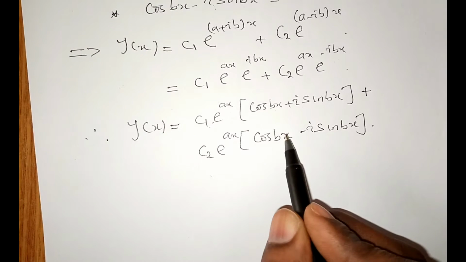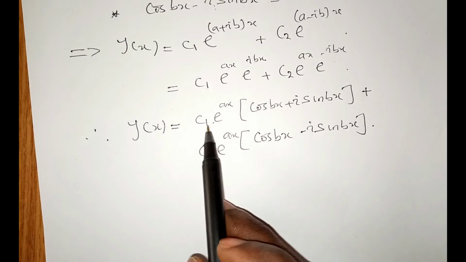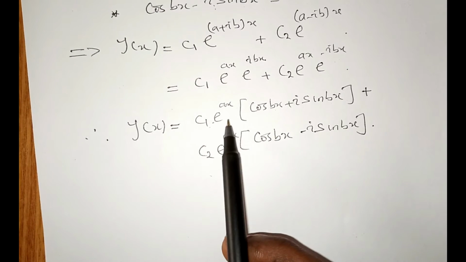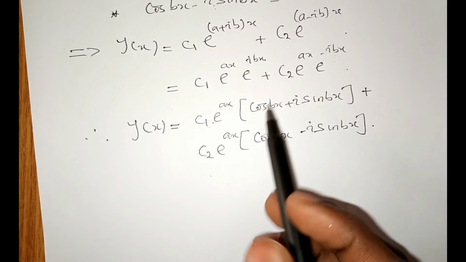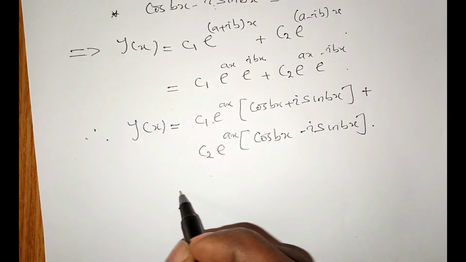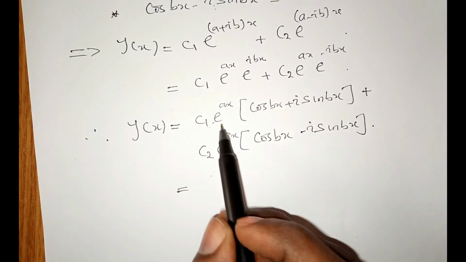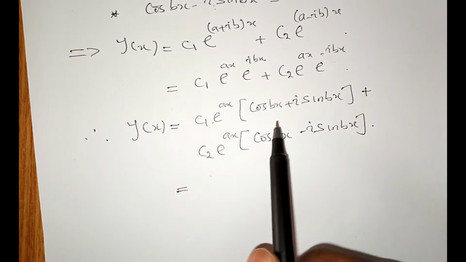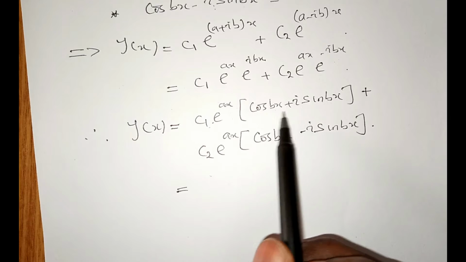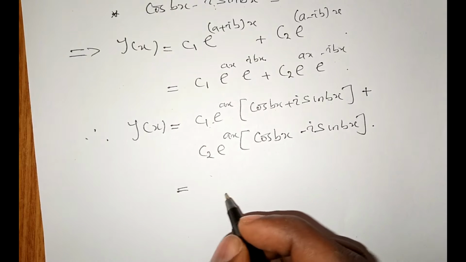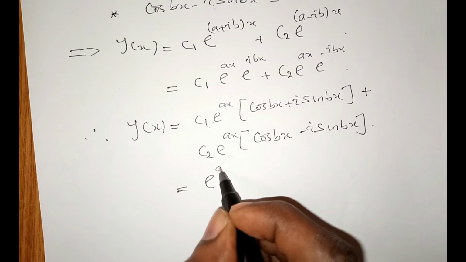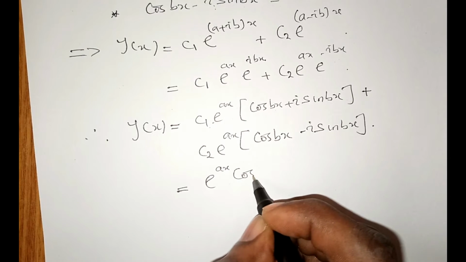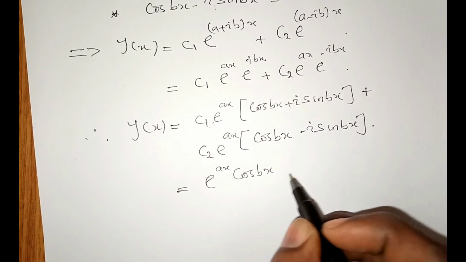So now collecting the like terms, exponential ax is common in this part and in this part of the equation, as are cos bx and i sin bx. So we can write this.